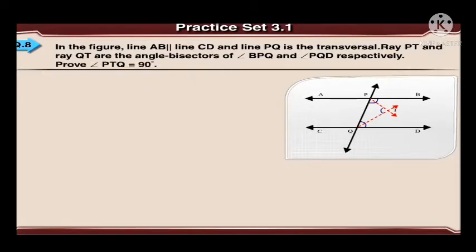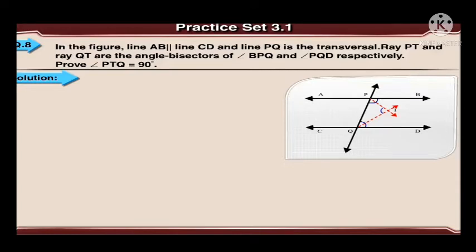Here's the solution. In the figure, line AB is parallel to line CD and line PQ is the transversal. Therefore, by converse of interior angle test of parallel lines, we know that the sum of the interior angles is 180 degrees.